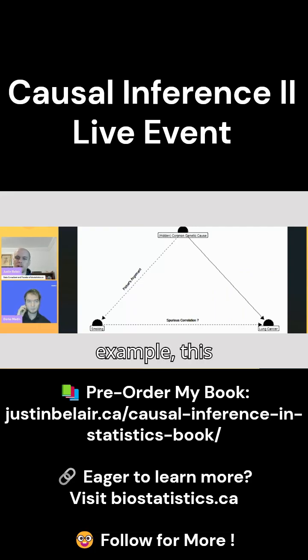Okay, so for example, this is a famous example that I talk about in my book. Smoking has a causal effect on lung cancer. There was a huge debate in the 50s and 60s around this. And very famously, Fisher argued, well, we know that genetic factors influence the development of cancer, so why wouldn't genetics also influence the propensity for people to smoke?